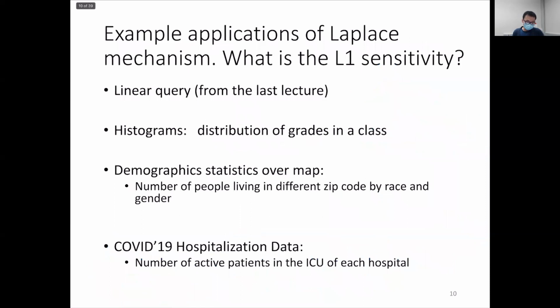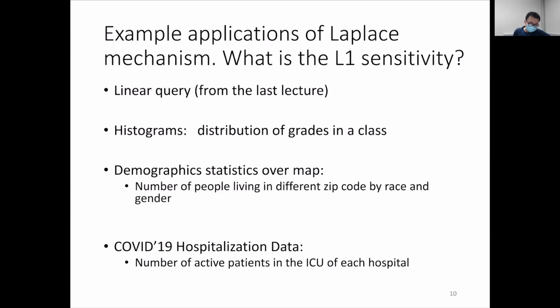All right, the key quantity to apply the Laplace mechanism in practice is to calculate the so-called L1 sensitivity. So let's work out a few examples of this L1 sensitivity to have an idea of what it looks like in practice.